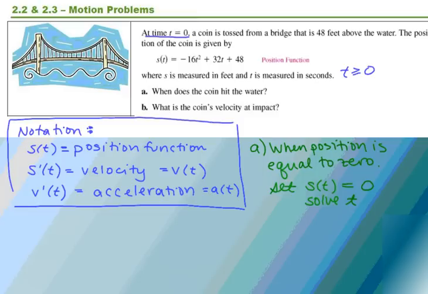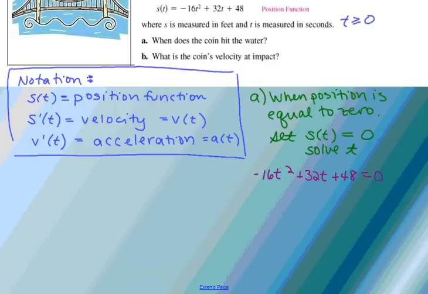Okay, so doing that, we're going to take our position function of negative 16t squared plus 32t plus 48, and we're going to set that equal to 0. And we need to find what values of t. Okay, so we can go ahead and factor this out. Pull out a common factor.